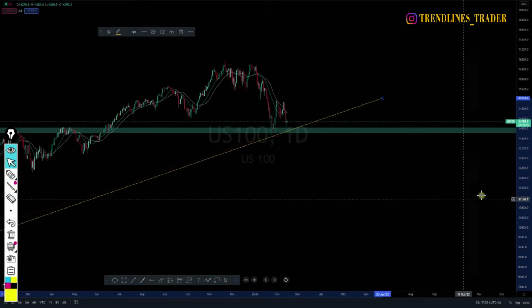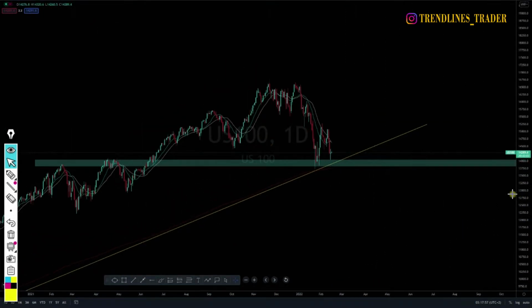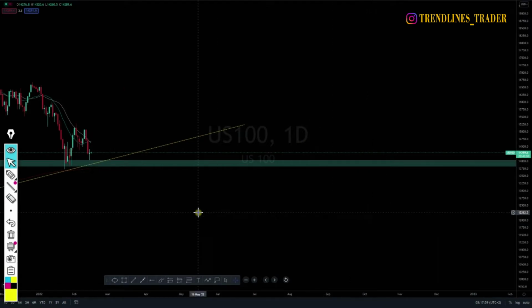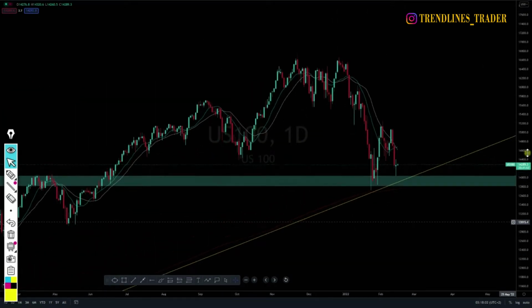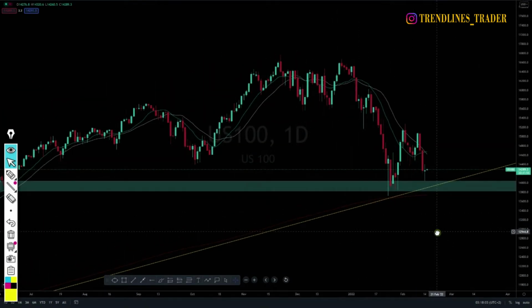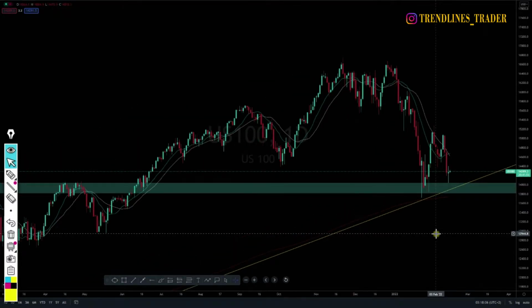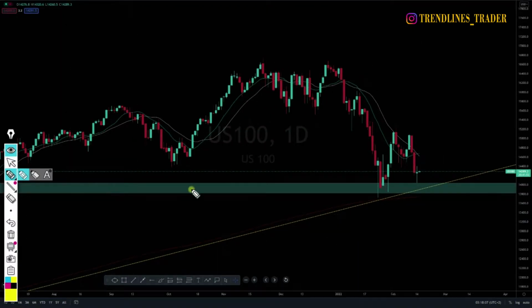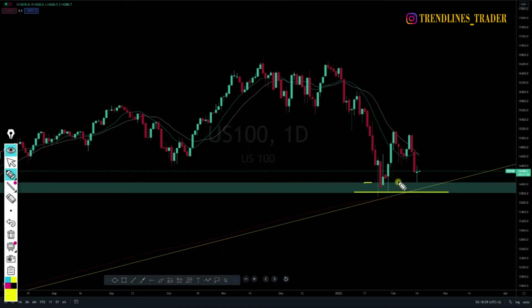Let me move closer so that you can draw those support areas and trend lines. The price is still respecting our horizontal support, and it seems very strong. As you can see, the price was giving us these moves and it came to the support and now is pushing high.